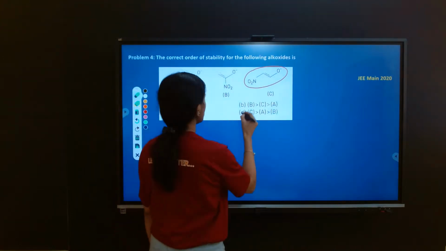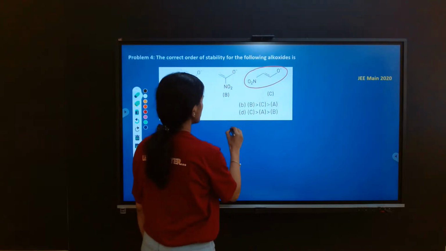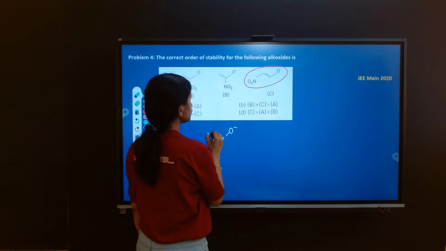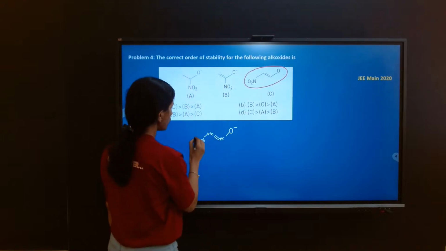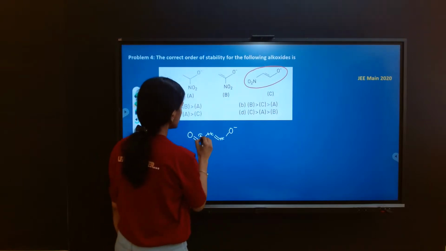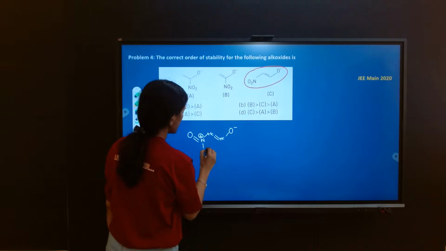So this one can be written in the following manner. O minus, CH double bond CH, and NO2 can be written in the following manner. So N plus and here O minus.